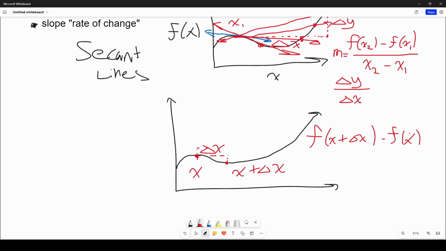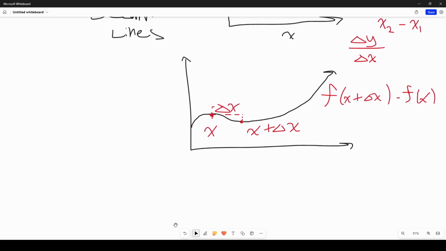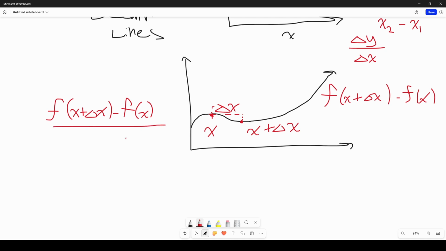So what we can say is, if we want to now calculate the tangent line at x, we can say the slope is going to be f of x plus delta x minus f of x. This is our rise, all over our run, which is delta x. Now this is pretty good, but if delta x is large, as in like 2 or 3, well then you're going to see large discrepancies.